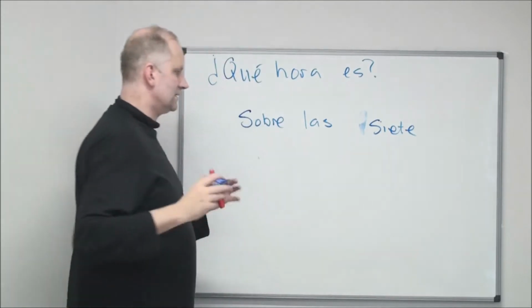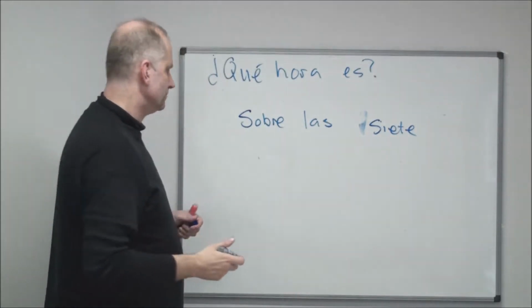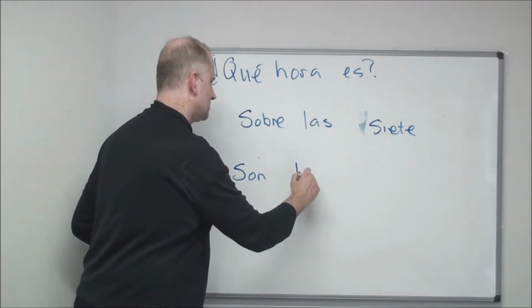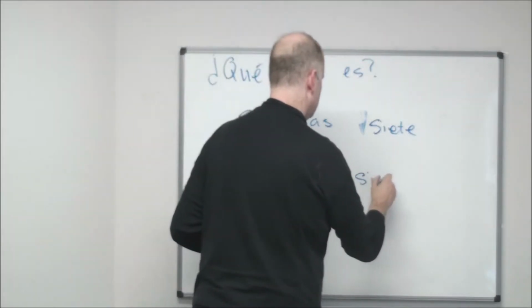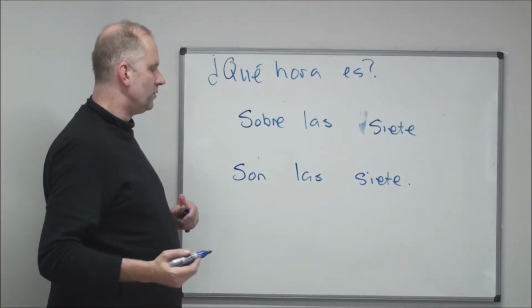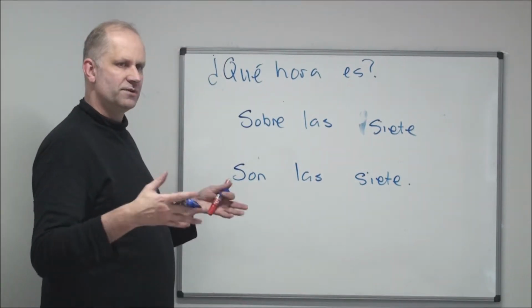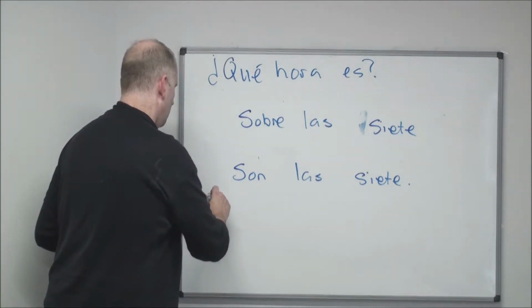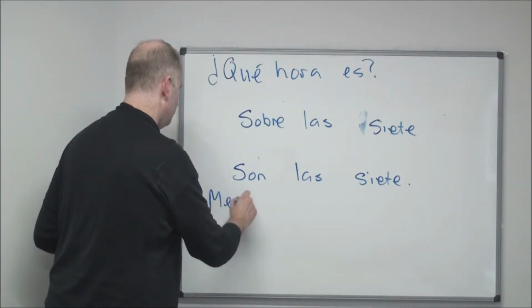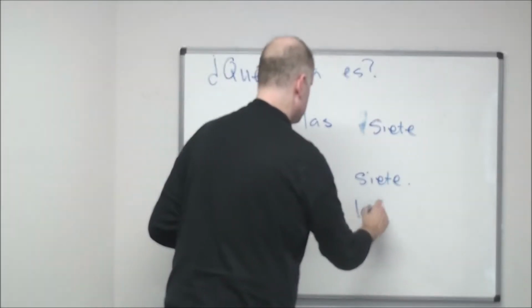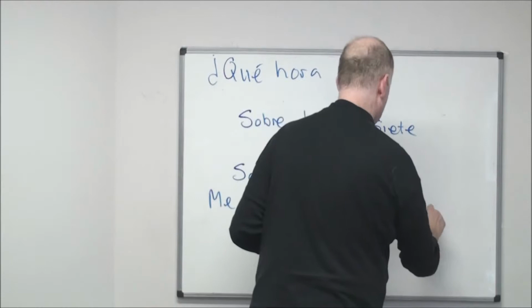So if you want to say exactly what time it is, you say son las 7. It is 7 o'clock. But if you want to say what time you do something at, you can say something like me levanto, I get up, me levanto a las 7.